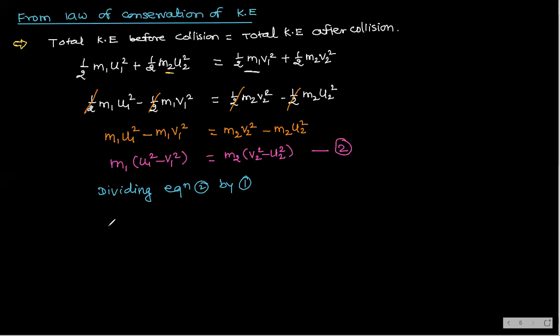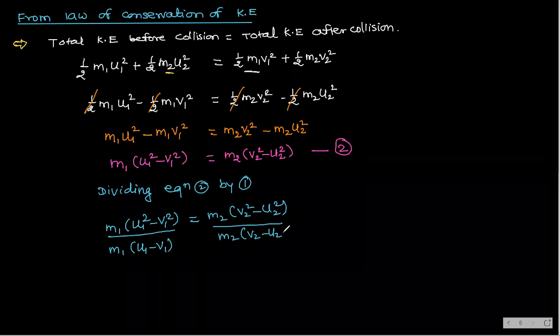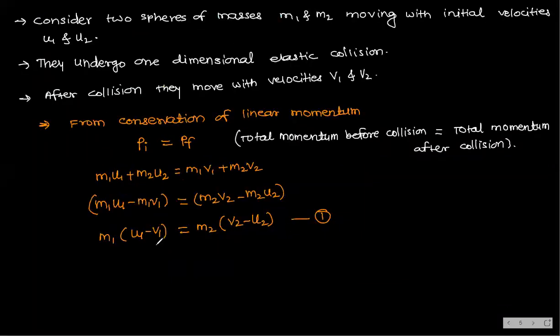So let's divide. m2 into v2 square minus u2 square, divided by equation 1, m1 into u1 square minus v1 square. Check it.